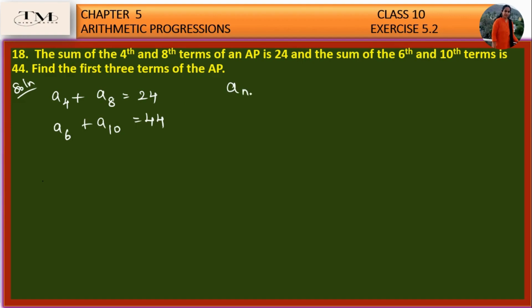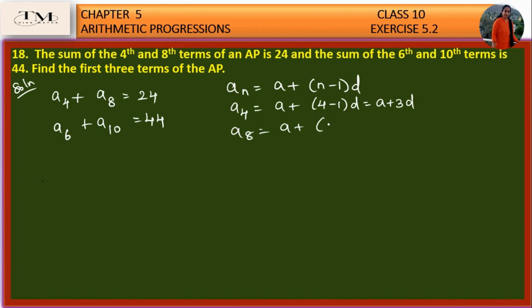So general formula, An equal to A plus (N minus 1) into D. In this, if you put A4 equal to A plus (4 minus 1) into D, which means A plus 3D. If you put A8, it is A plus (8 minus 1) into D, it is A plus 7D.